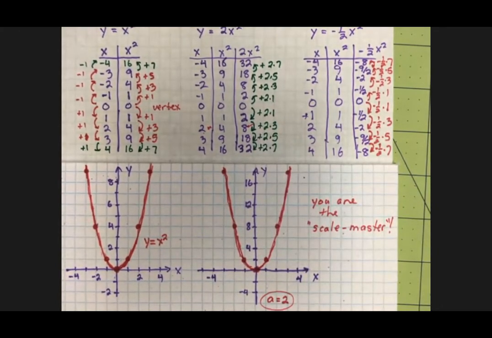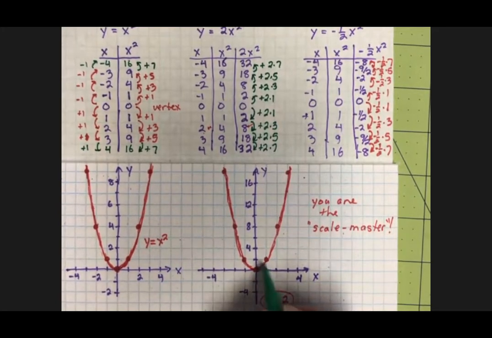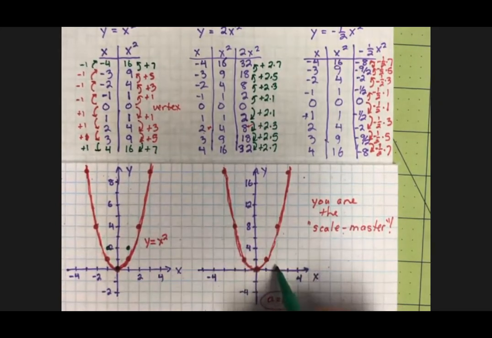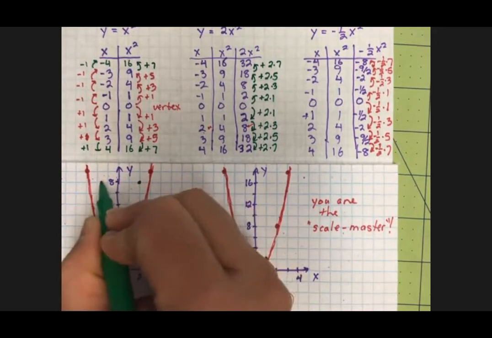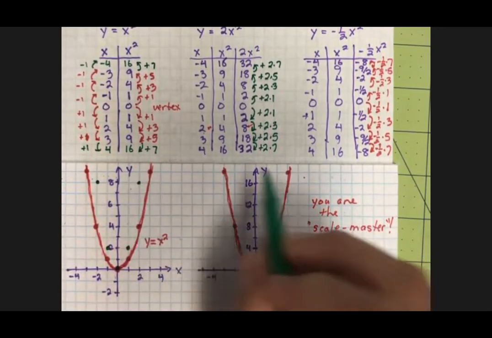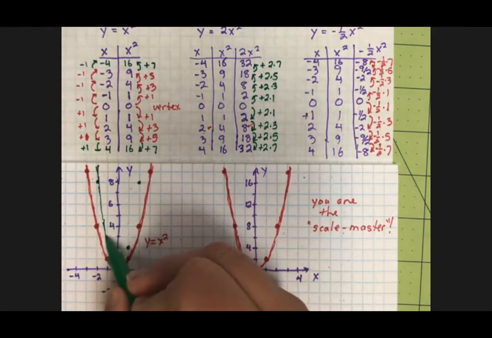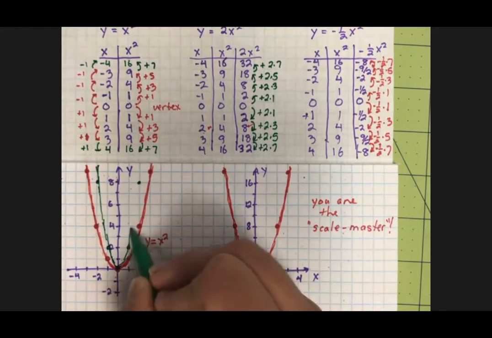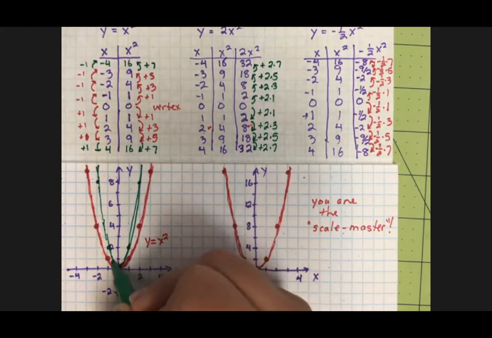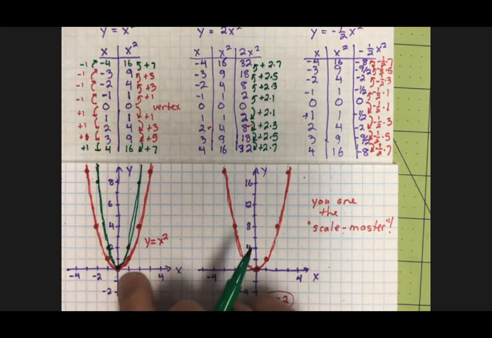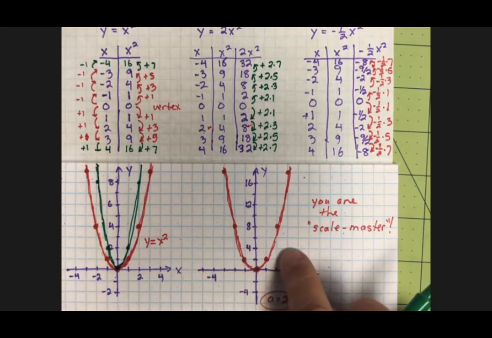Now, if I had tried to draw that graph here on top of this graph with this scale, notice what points I would get: 0, 0, 1, 2, minus 1, 2, and then 2, 8, and I would be already off the charts. So I acknowledge that this second graph is taller and faster growing. But if I just want to show you this shape accurately, I can show you by drawing a thin parabola on this scale, or I can show you by drawing a gently rounded parabola on this scale.